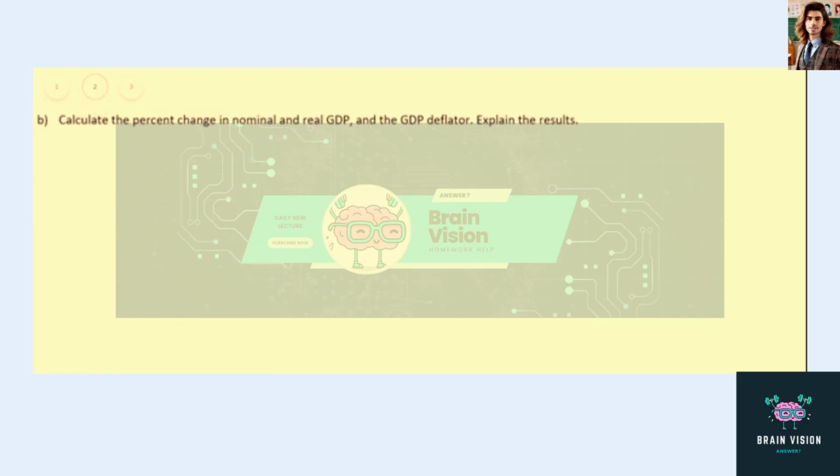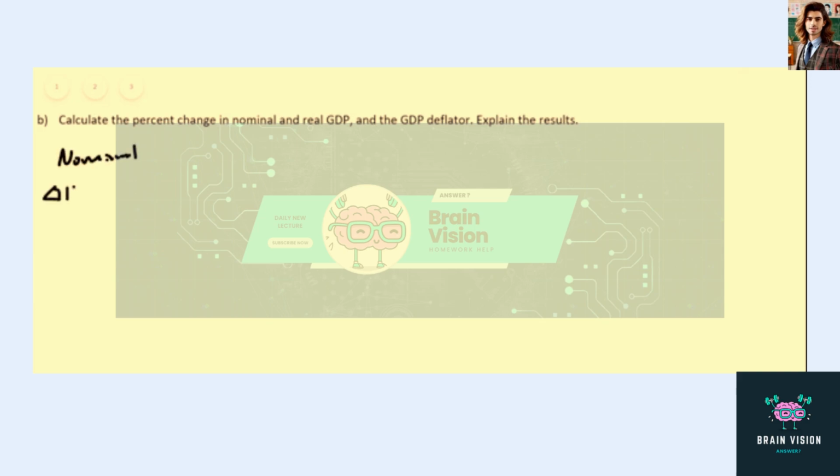The second part of the question tells us to calculate the percentage change in nominal GDP and real GDP and the GDP deflator between the years 2016 and 2017 and the years 2017 and 2018, and to explain why we get the results that we do. And so, again, let's start with nominal GDP.